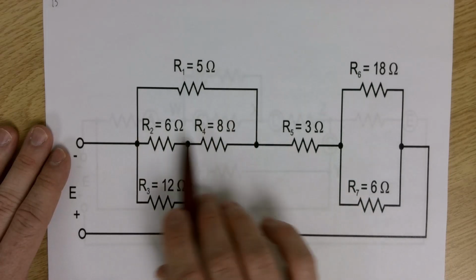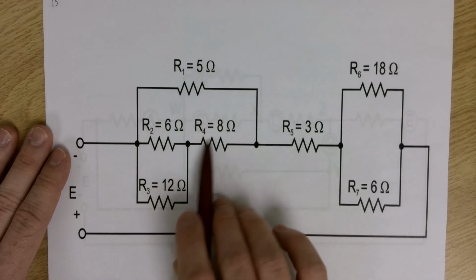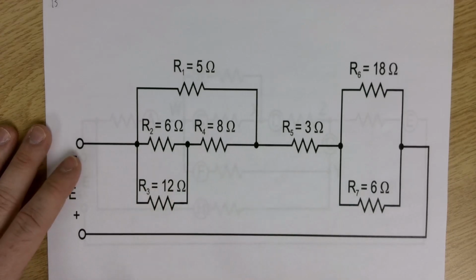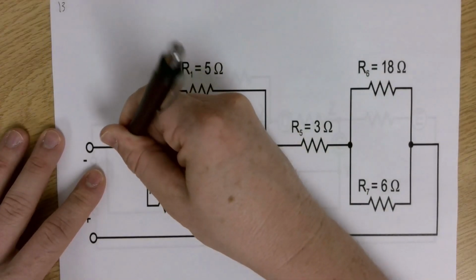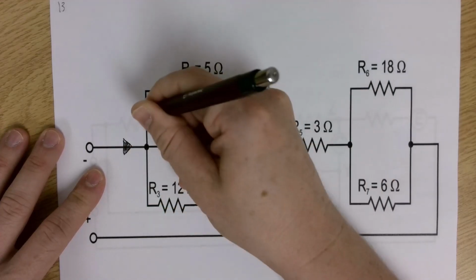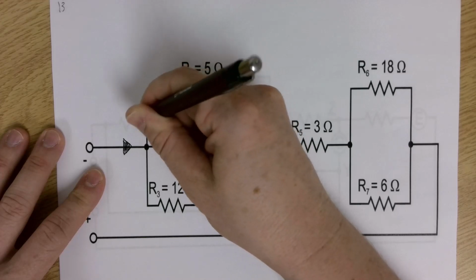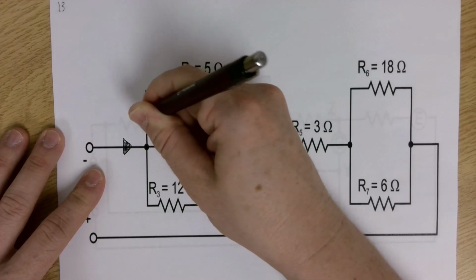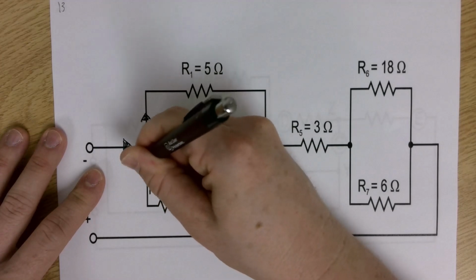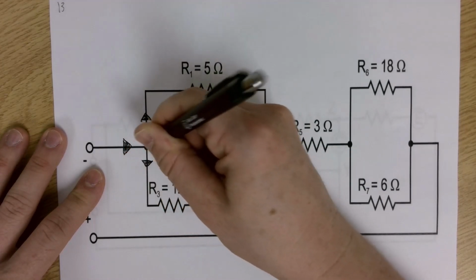Are R2 and R4 in series right now? I can't tell. What is R3 doing hanging out down here? This little guy. So let's start out by drawing current arrows. Remember that these are not going to be unsolvable unless they give you no values. So current arrows.